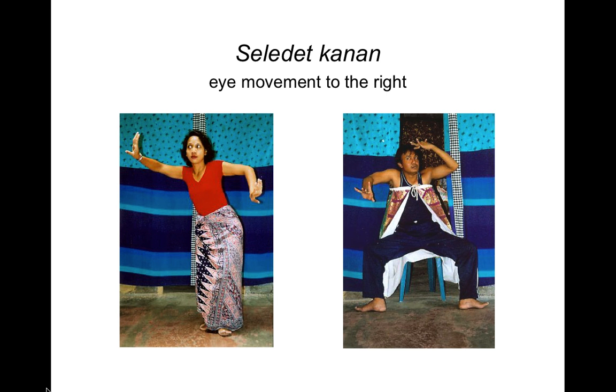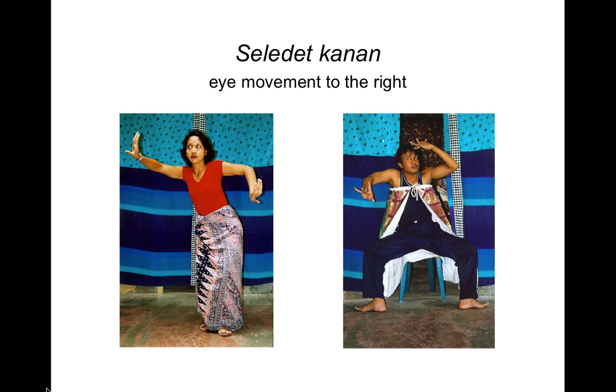So in an 8-count colotomic structure, the eyes will move to the right, if we're doing a seledet kanan, on beat 6 or 7, and then return to the middle, so the dancer's looking forward, with the striking of the gong again. So again, the dancer might be in a stationary position, doing a seledet, but the eyes are moving and then come back to the center with the striking of the gong.